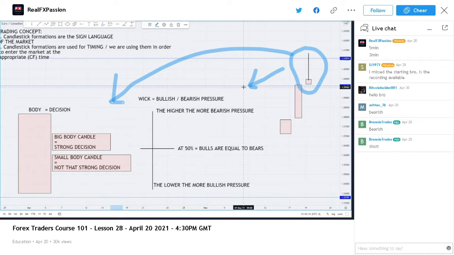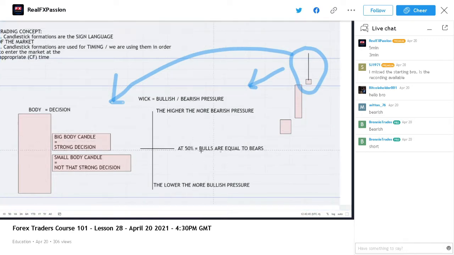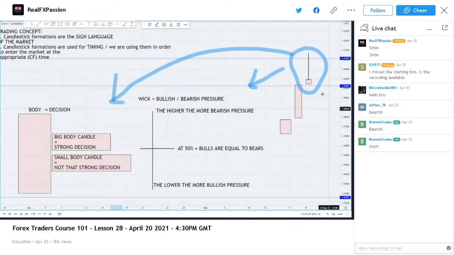Bullish or bearish. So the higher it goes, the more bearish, and at 50% bulls are equal, and the lower, the more bullish. What do you think? There is no right or wrong. We are here to learn.